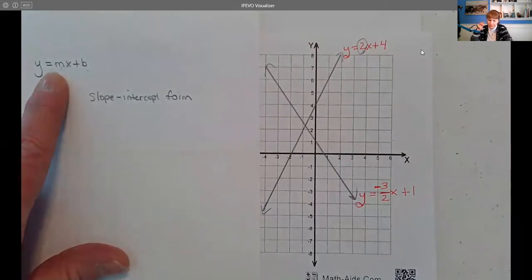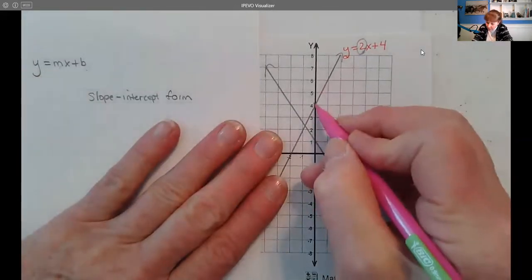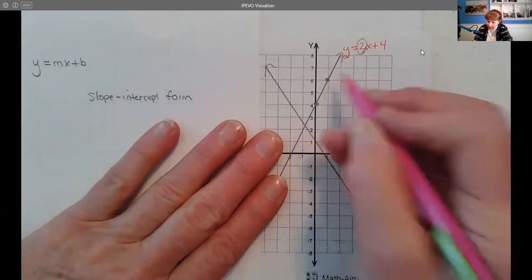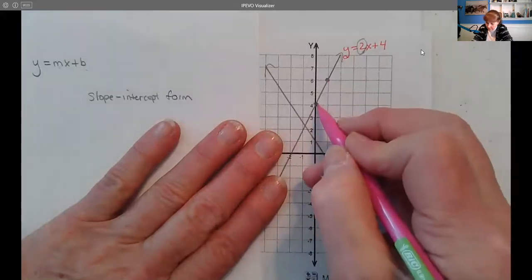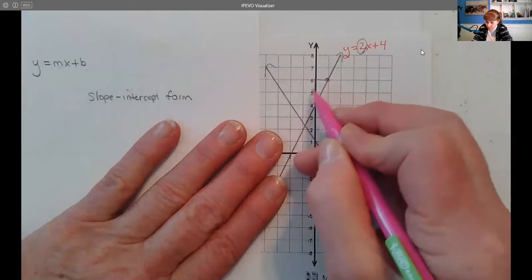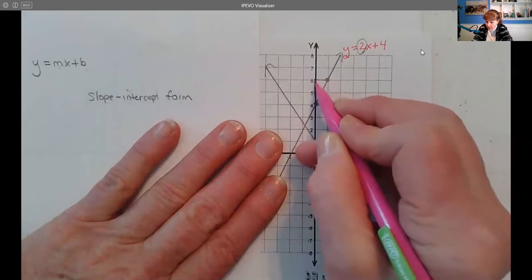Well, let's look and see, is that true? Given a graph, how do you find the slope? We're going to look at this point to this point. And I know to find the slope, and it's going to be positive, it's the rise over the run. The rise is 2 and the run is 1.